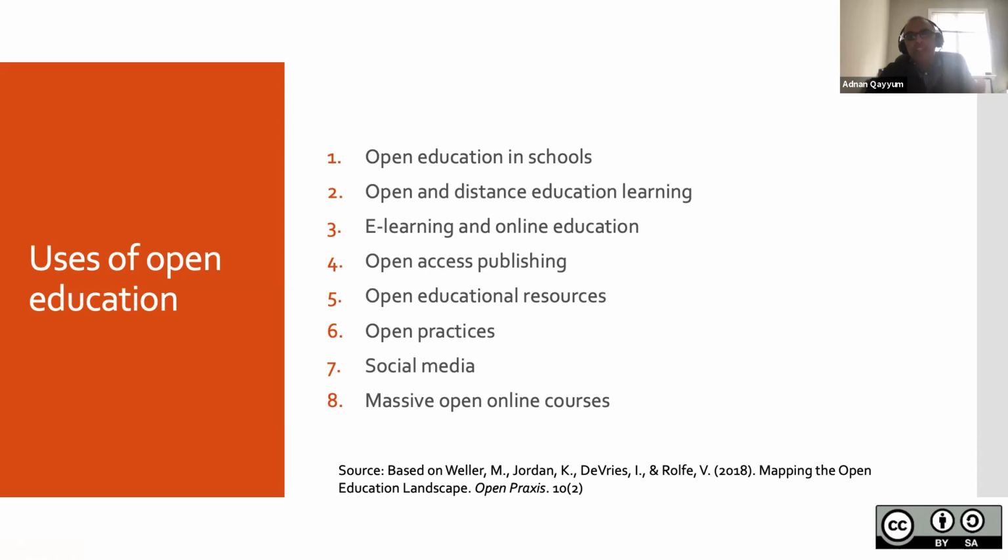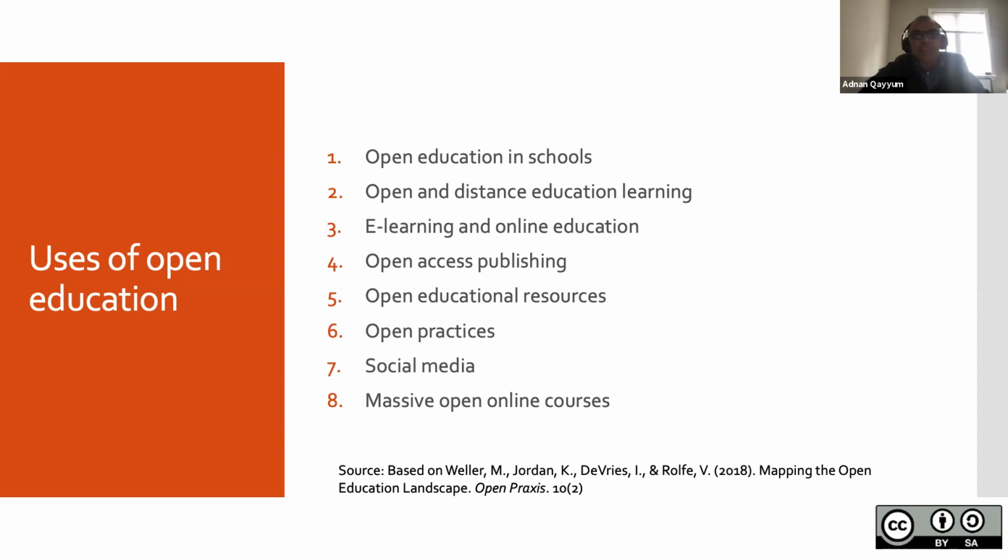The first was open education in schools in the 1960s in the UK and the US, which meant classrooms where there were pods that people could go from place to place. That ultimately didn't work out because of noise considerations and parents not being comfortable with this approach to curriculum. The second use of open education was the emergence of open and distance learning institutions.